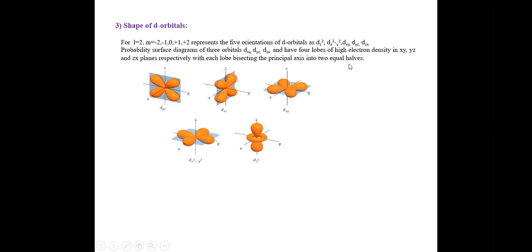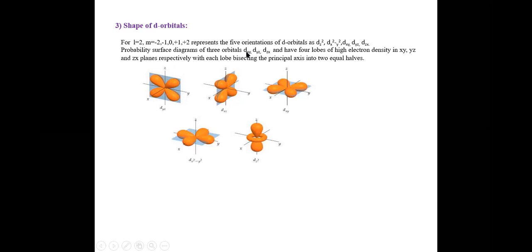What they are telling in the surface diagrams of these three orbitals, dxy, dyz, dzx: see here, this is a dxy, dyz and dzx orbital. You can see four lobes are there. These are the four lobes, and these four lobes have high electron density in the xy plane, yz plane and zx plane.